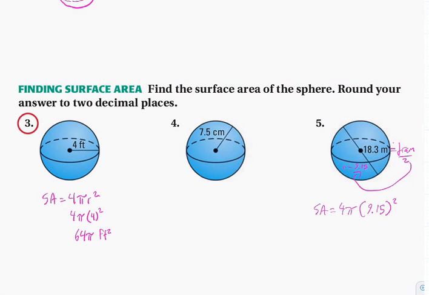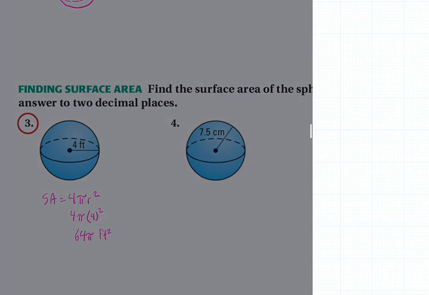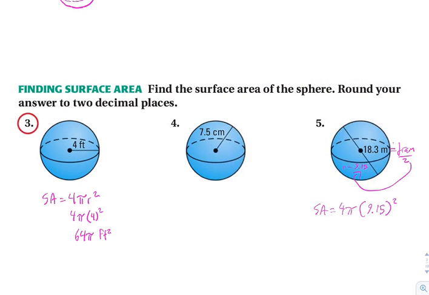Again, because 9.15 is exact, you could say I have 4 times 9.15 squared, and we get 334.89, so this is 334.89 pi, right? Okay, so that would be an exact value, just multiplying that together.